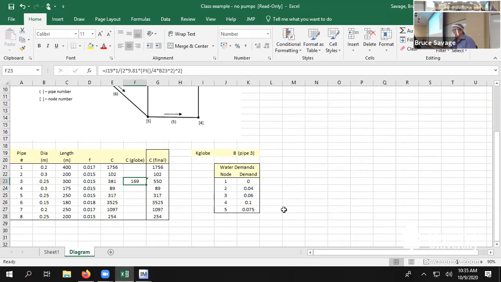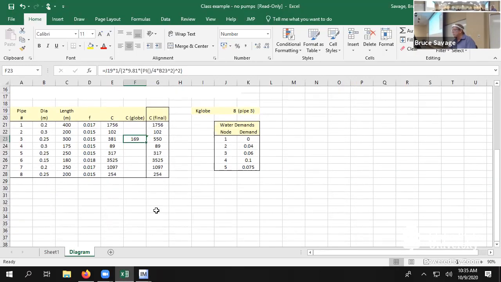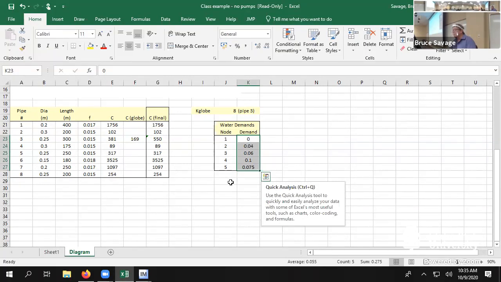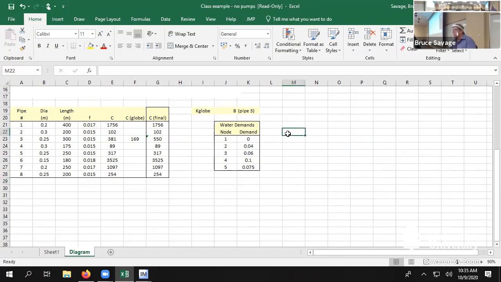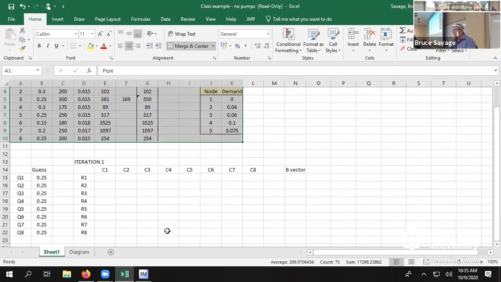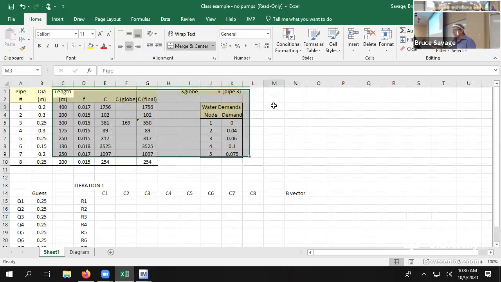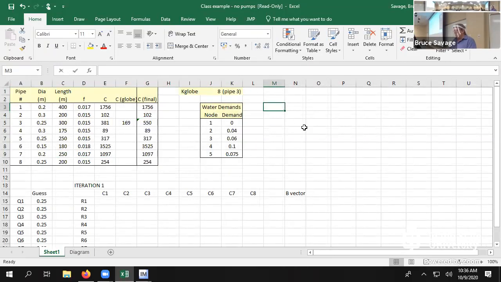So now that I have the C values, I can go ahead and construct my equations. And notice I do have the demands over here. Okay. So I'm going to jump over to the next sheet right here, and I'm going to write the equations here.